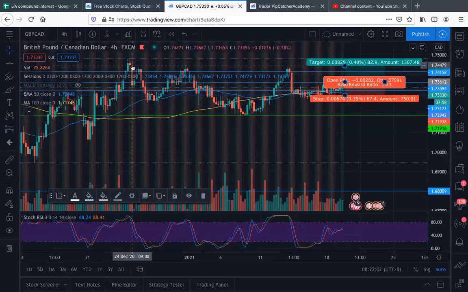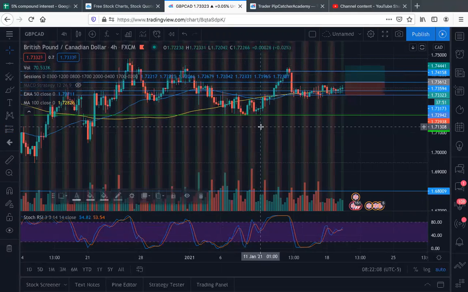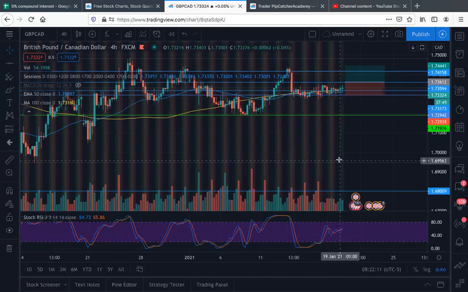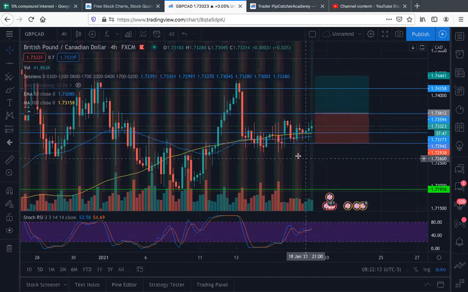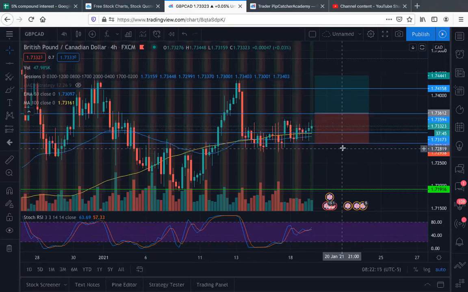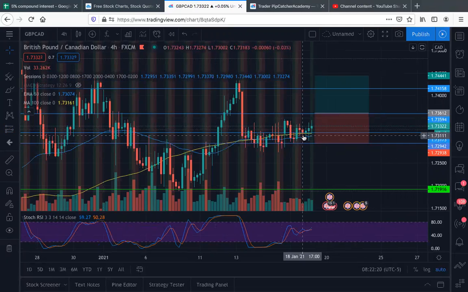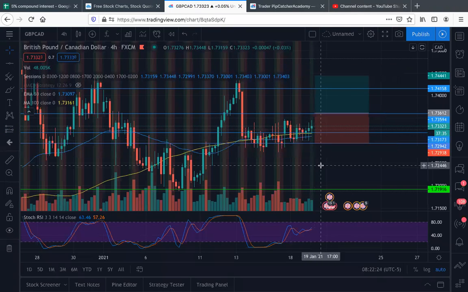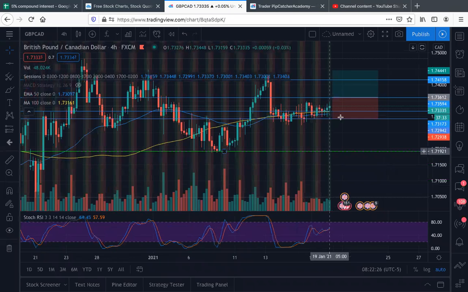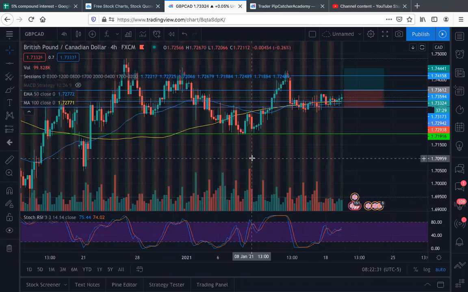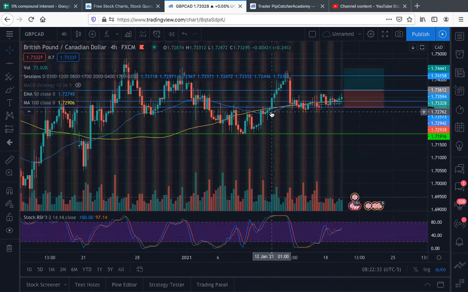I'm looking at this long body candle here. Again, this was a head and shoulders pattern, so I don't want to bank on it breaking the head of that, right? So let's just go for this. I do want to stay outside of the 4 hour 100 moving average. So it's still only giving us a 1.25 or 1.2 risk to reward, but again, that's what this one is giving us.